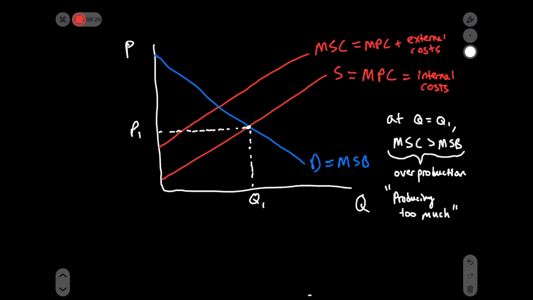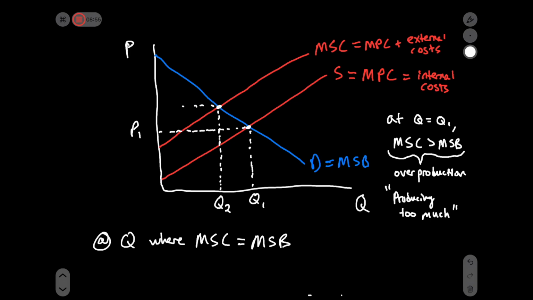The efficient market outcome is at a quantity where the marginal social cost of this activity equals the marginal social benefit. And just looking at this graph, where is that point? Well, that would be this other intersection, right? This point here. Maybe we'll call this Q2, and we'll call this P2.